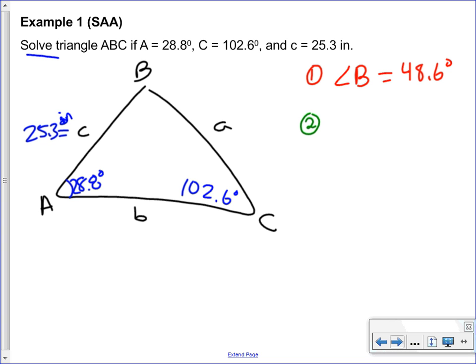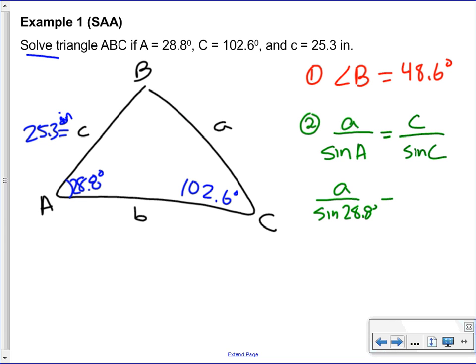So remember that a is to sine A as c is to sine C. We have three of them, and we're just looking for a. So you just go, a is to sine 28.8 as c, which is 25.3, is to sine 102.6 degrees.